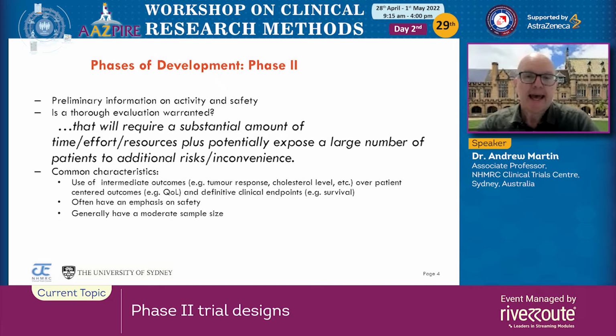And it's intermediate in the sense that it is removed from a more patient-centered outcome, such as quality of life, so the patient's assessment of their own well-being. And it's also removed from a definitive clinical endpoint, such as survival.